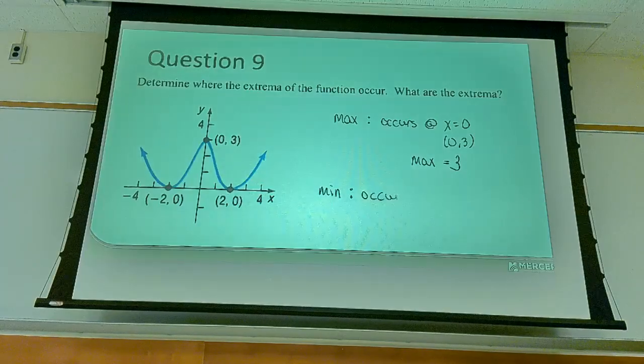Again, I'm just going to write occurs. You don't have to. I just want to specify the difference. -2, 0. It occurs at x equals -2 and x equals 2. At -2, the minimum value is 0. At 2, the minimum value is 0.